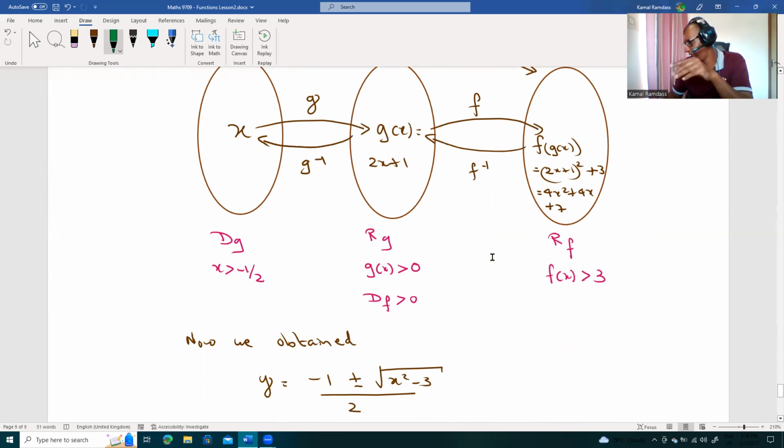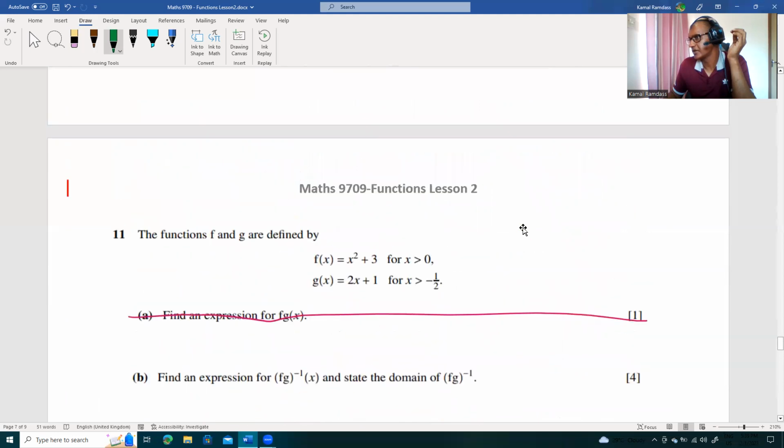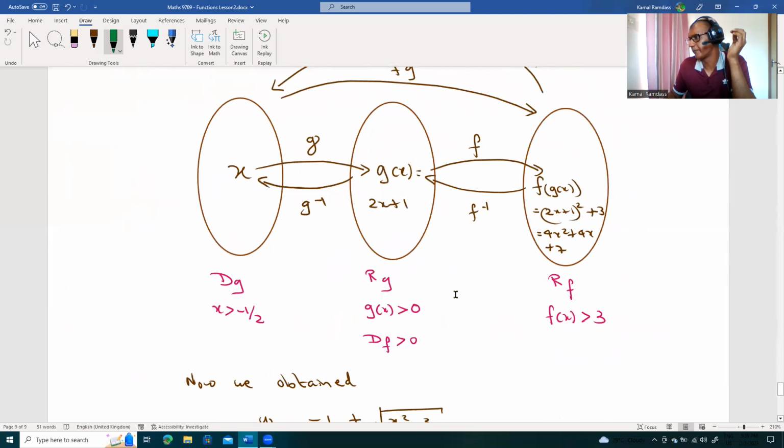The domain of f is also greater than 0, which means here also it is greater than 0, it is OK, right? OK. And the range of f, if this is greater than 0, f of gx. Okay. The range of f, no, the domain of f, pardon.